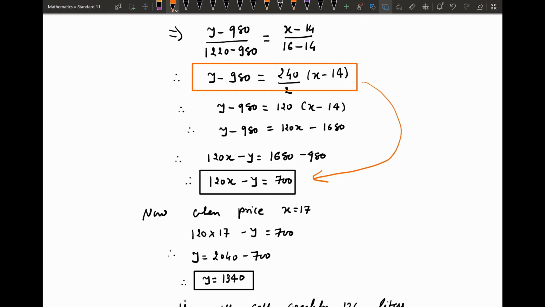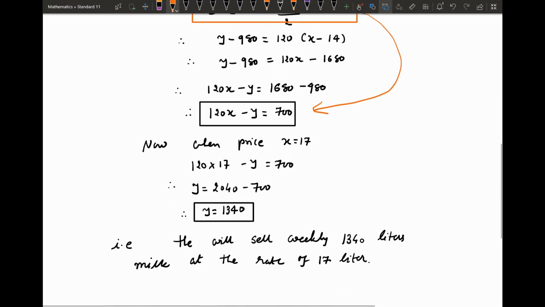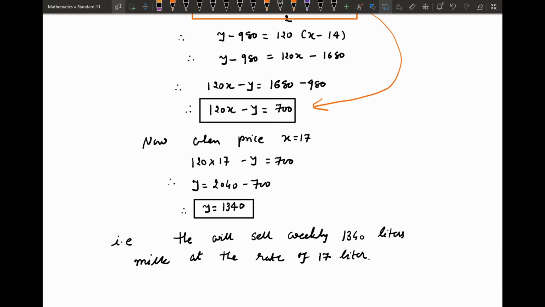So we are given that the price is 17, x equal to 17, and need to find how many liters he can sell. At x equal to 17, to find y in this equation, we put x equal to 17 and get an expression for y.